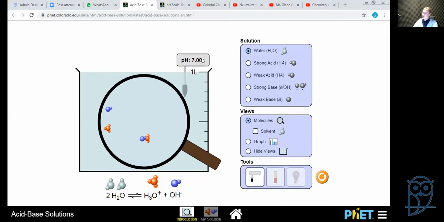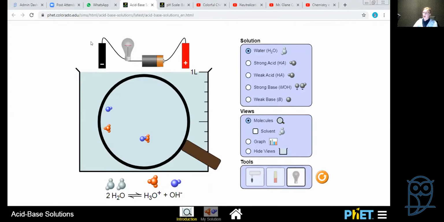We can dip this bit in, and it gives us an indicator of the pH. pH 7 is neutral, so that would mean just plain water or something like that. There are different kinds of indicators we can use. Here we have one that shows that current can flow in between, so the light bulb lights up, and how strongly it lights up. Apparently not very strongly with this one.